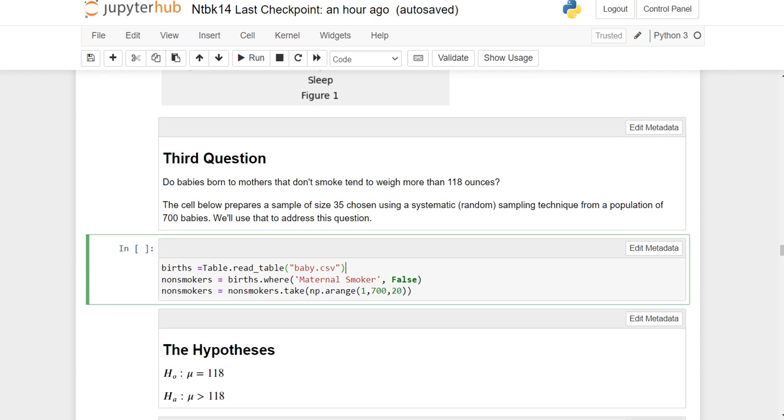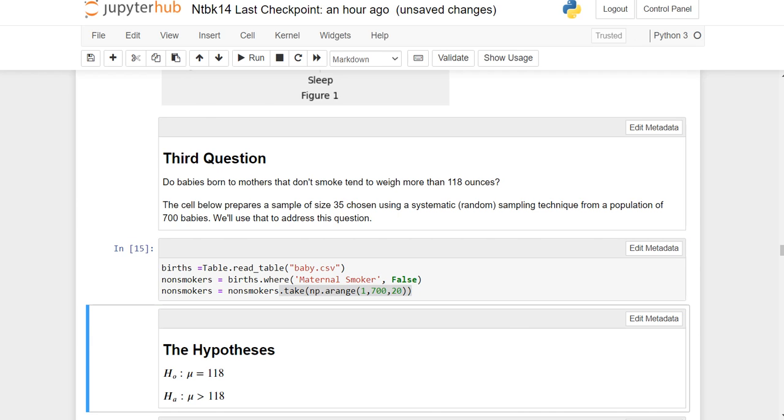And we've got to get the data. Notice that we're using the births table where maternal smoker equals false, so we are getting the non-smokers. And then with the NumPy arange, we're taking the first 700 counting by 20s, from 1 to 700 counting by 20. So that's getting our sample.